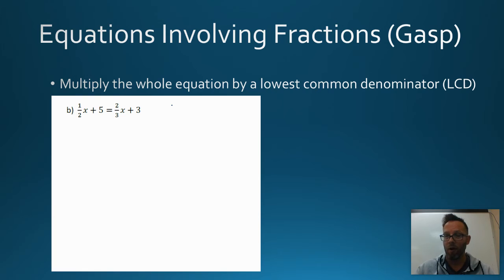And if you're unsure, multiplying the denominators together always gives you one that works, and in this case it just so happens to be the lowest one. We're going to multiply both sides of the equation by 6. So what does that look like? I'm just going to rewrite the whole equation with this added step of multiplying both sides by 6.